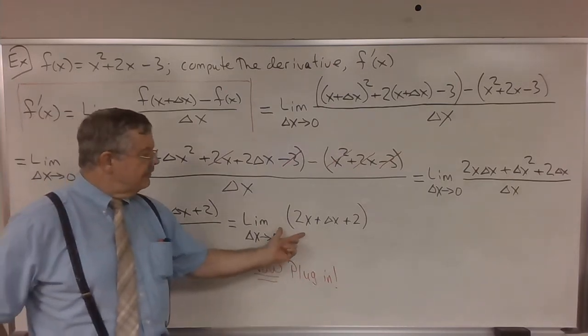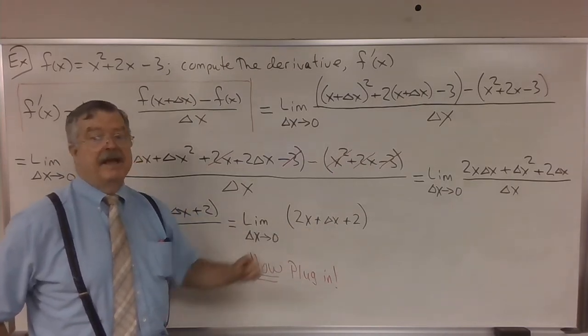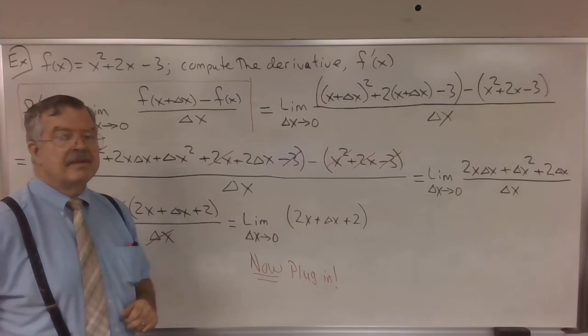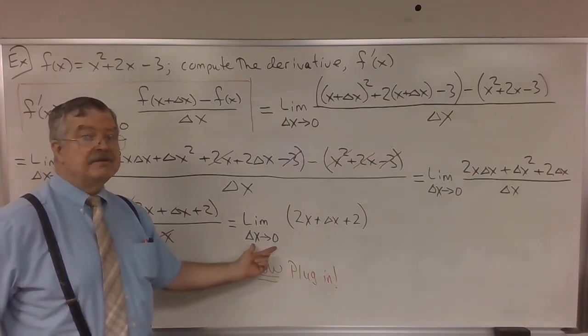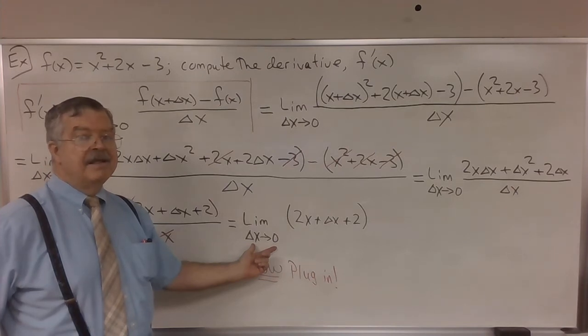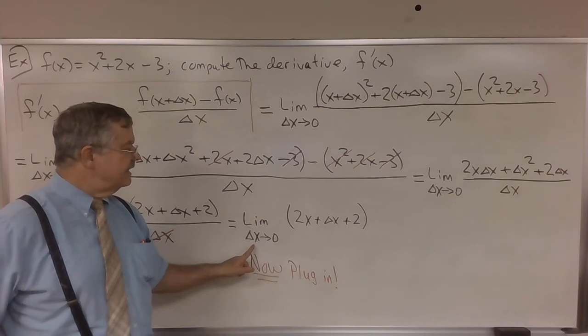In this expression, we have x's and we have delta x's. What is it that's approaching 0? It's delta x, right? So we're going to plug 0 in for delta x.